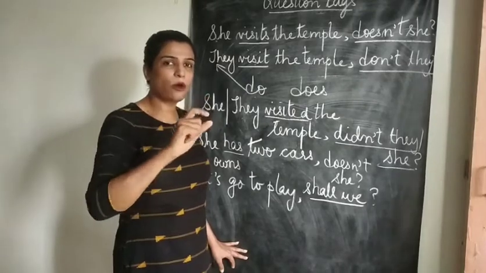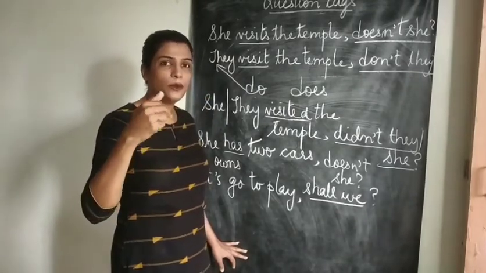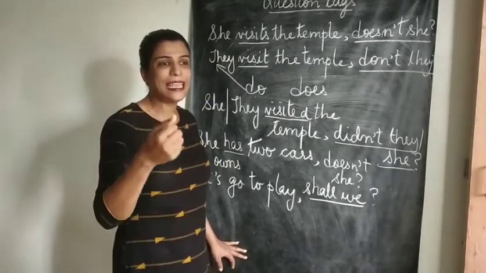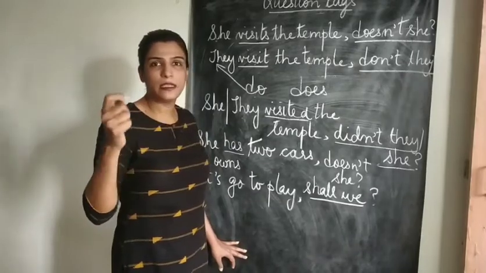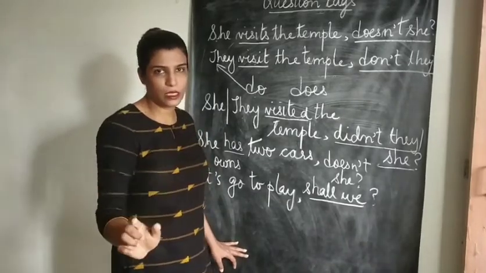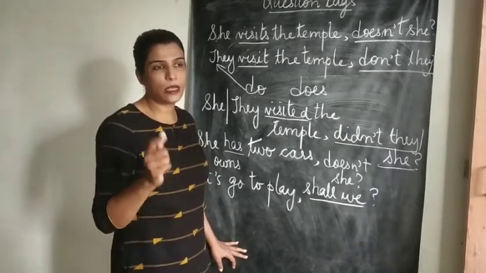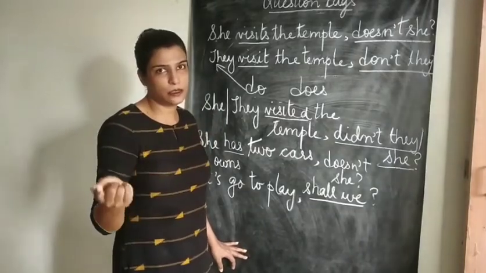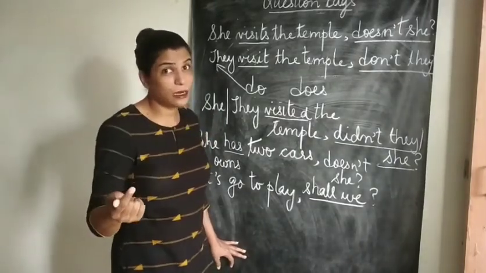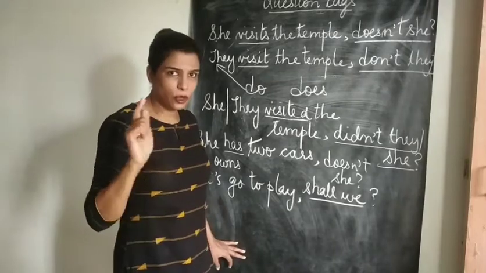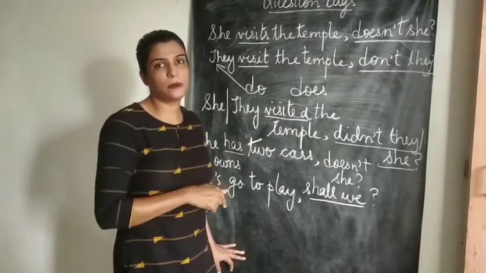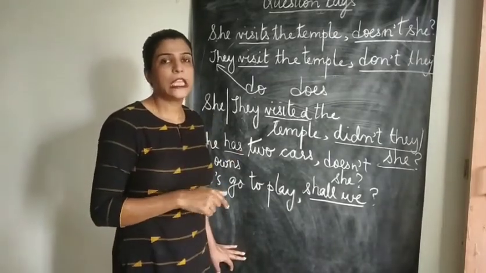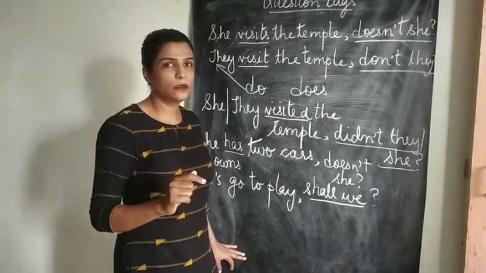You will be given a normal sentence over there, and then you have to write it 2 ways. Like she is very smart. I will give you this much only. So I'll tell you write both ways. So I will write she is very smart, isn't she? She isn't very smart, is she? So you solve your exercises on the basis of the explanation what has been given over here, and I will be forwarding you the answers to cross check.